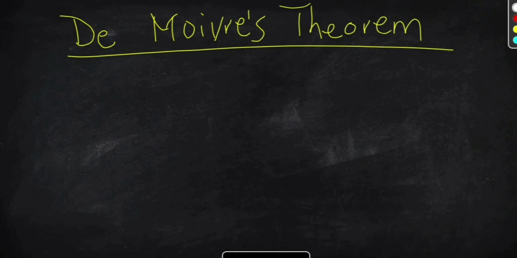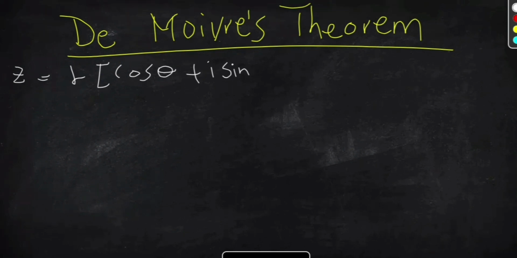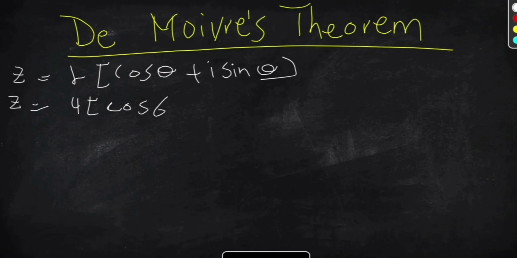Presenting this in polar form now, z equals r into bracket cos of theta plus i sine of theta. Z equals, we have our radius r to be 4, cosine of theta, and our theta to be 60, plus i sine of 60.